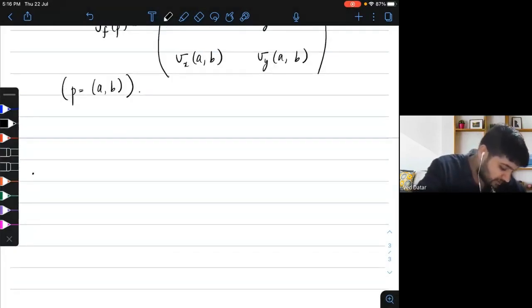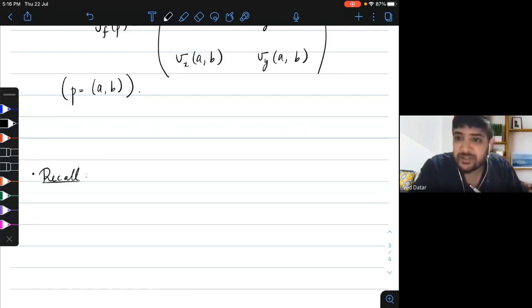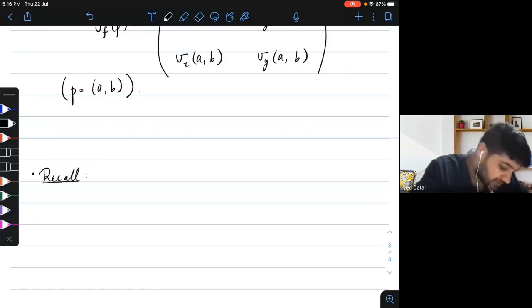So recall, what is the definition of partial derivative? So let's do real valued functions, right? So by definition, this is basically just this, right? The limit as h goes to 0. Now h is a real number, such that you take, let's say you're calculating at p, right?